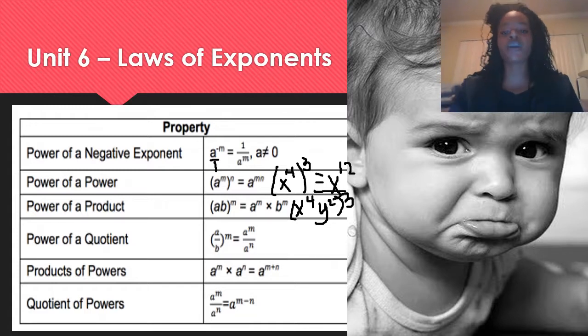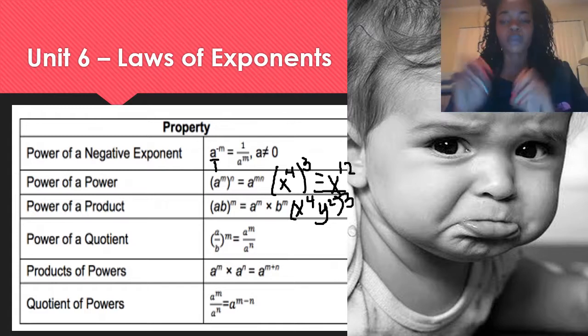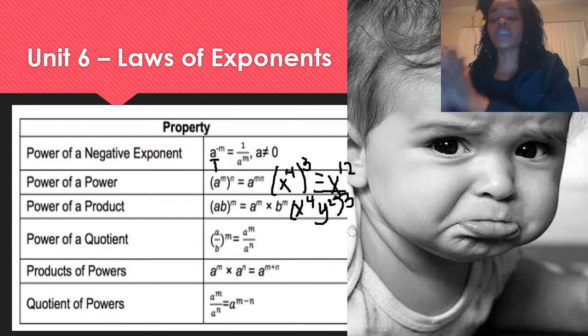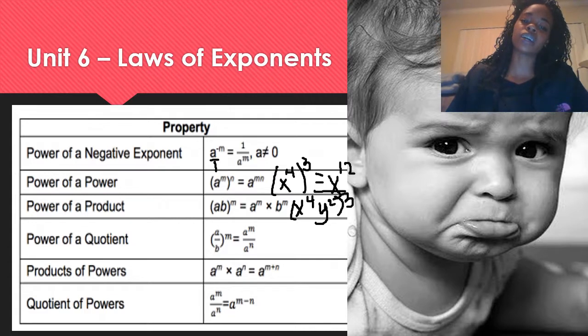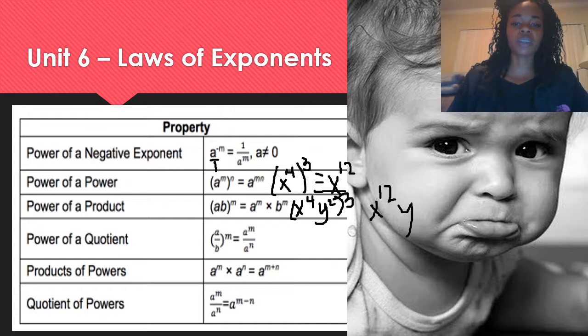This goes back to that property we learned a long time ago, the distributive property. Take that exponent, that power that's on the outside of the parentheses, and multiply it to each of the powers inside. It would look like x to the 12. We already know that. But then it would look like y to the 6. 2 times 3 is 6. So that's all that one is saying. It's the same thing as the one above. It's just now there's more than one you're multiplying it to.